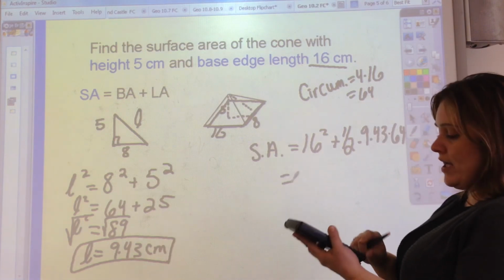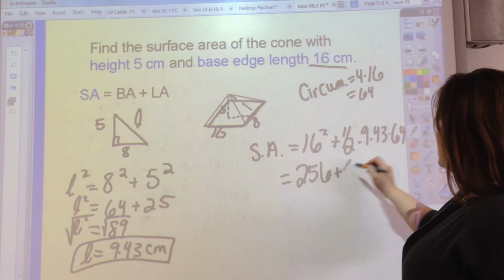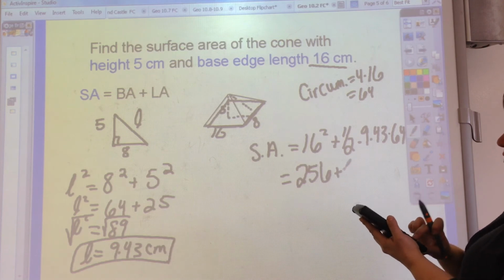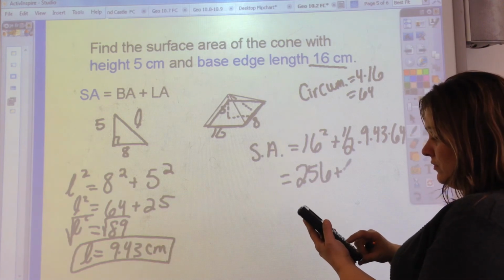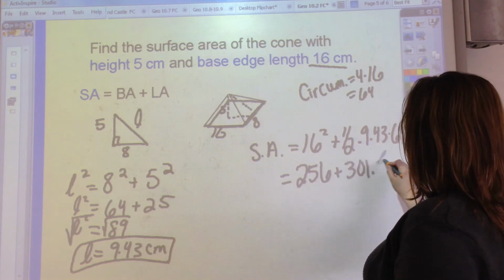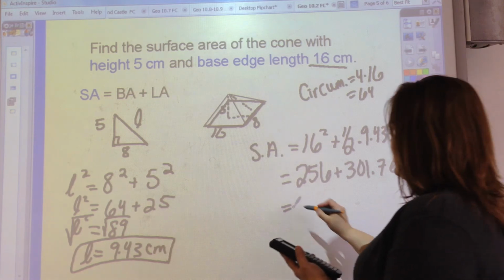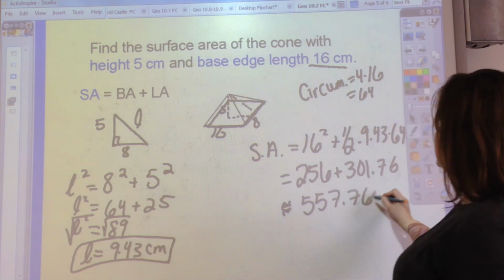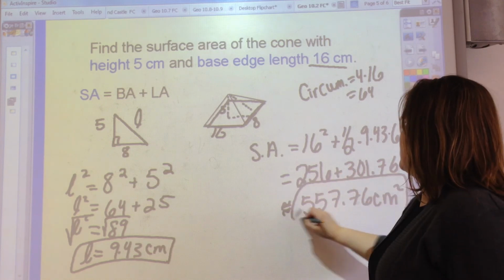Now let's go ahead and simplify. 16 times 16 is going to give me 256 plus 0.5 times 9.43 times 64 is going to give me 301.76, and I get approximately 557.76, and my units are centimeters squared.